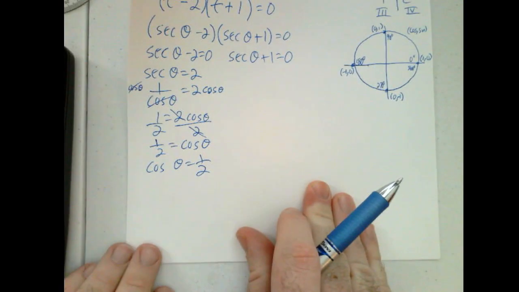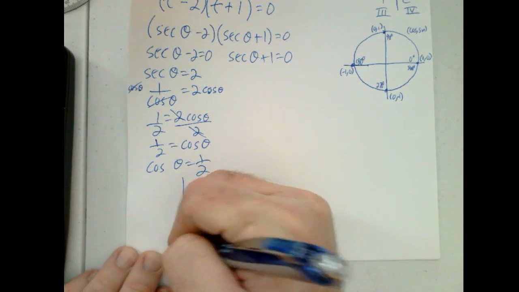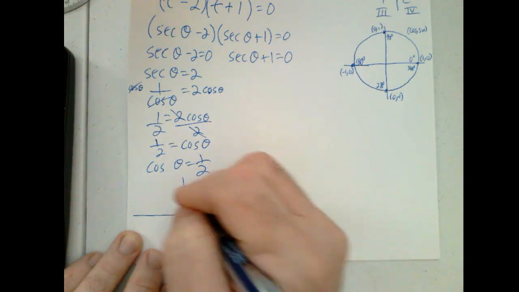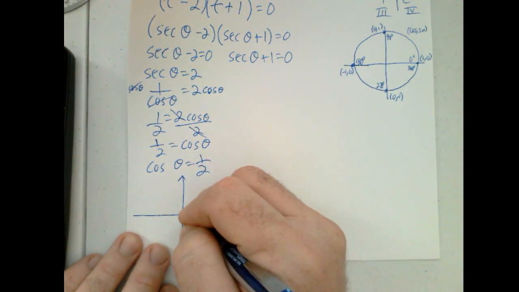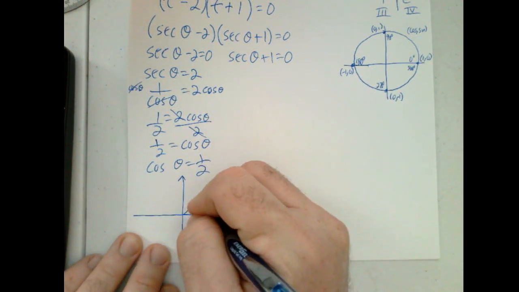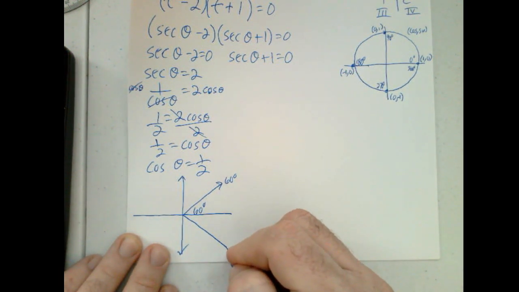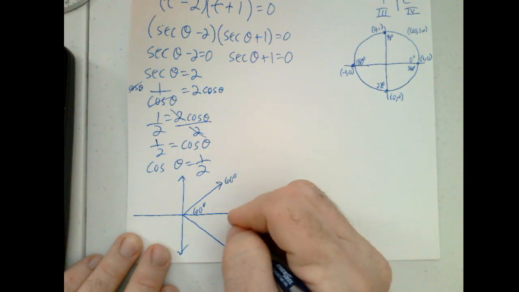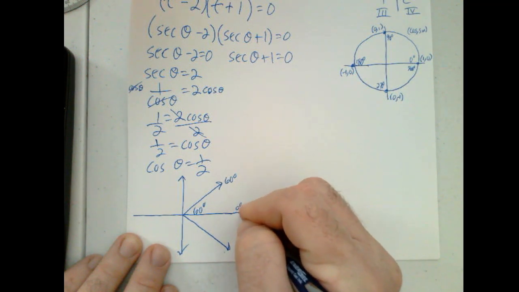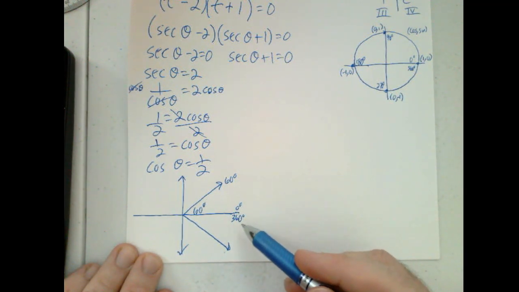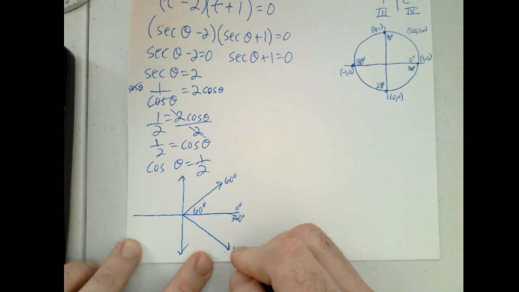So we're going to draw a 60-degree angle off of in both of those quadrants. Alright, so it'll be 360 degrees reference from here. So we take 60 off of that, we end up at 300 degrees.